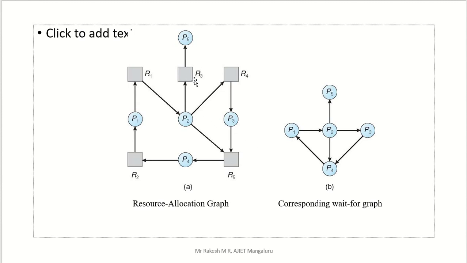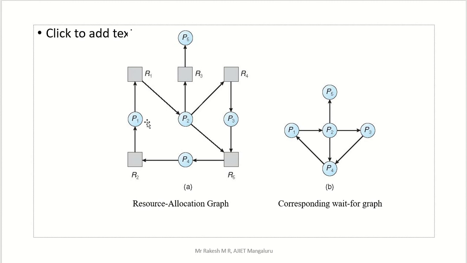So here first I will start with P1. See, P1 is requesting R1. See the arrow mark? P1 is requesting R1, but R1 is allocated to P2. So it is indirectly, from here to here.